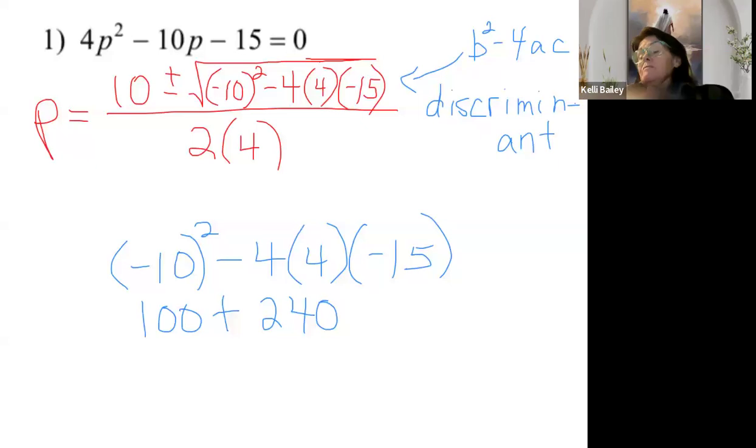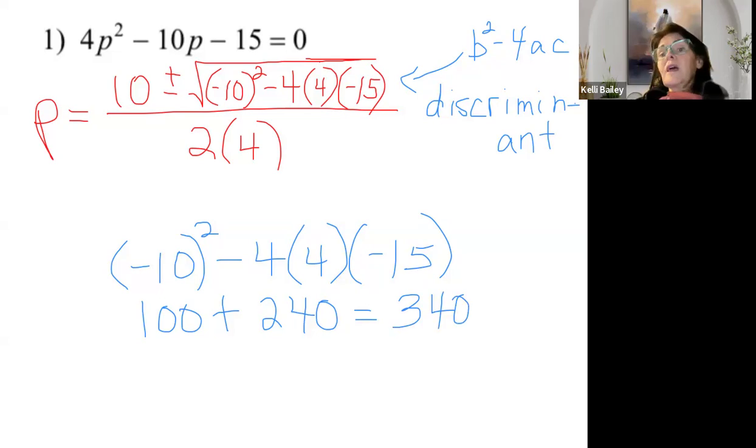I think I did that right. You can check my math. Maybe I'll check my math on the calculator real quick, just to make sure I'm not taking you down a false turn. So 16 times 15 is indeed 240. So my discriminant, that part under the root, is 100 plus 240, which is 340.